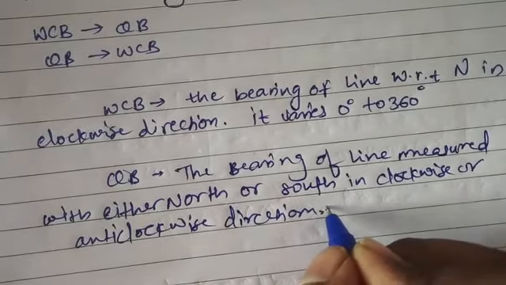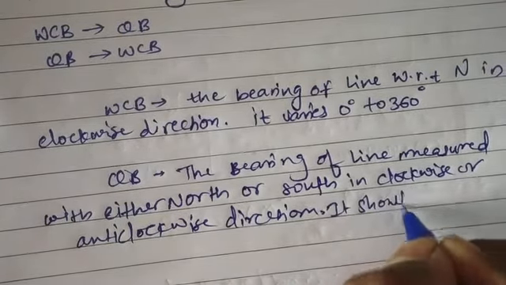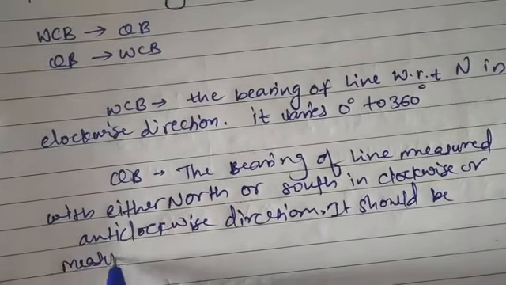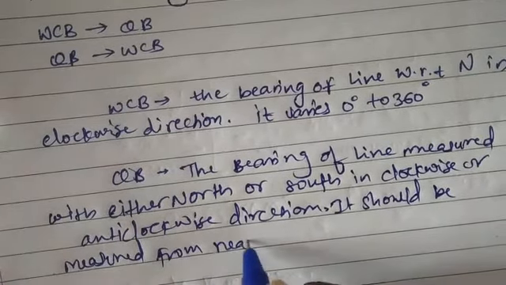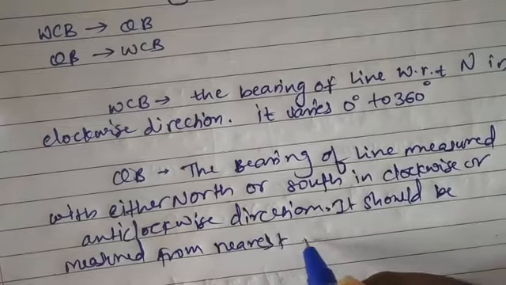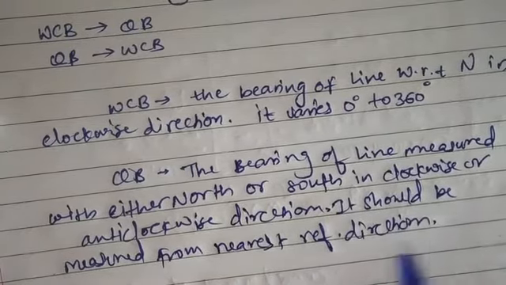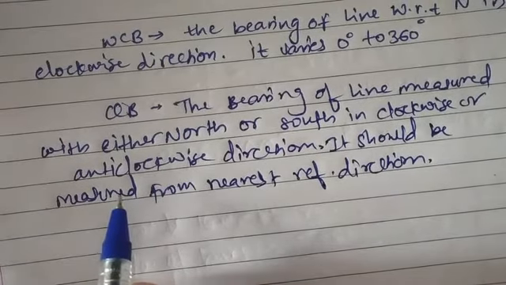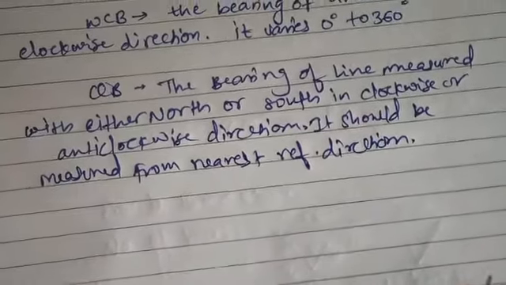The condition is that it should be measured from the nearest reference direction, that is north or south. If north is nearer, then we'll measure the bearing with north, and if south is nearer, then we'll measure the bearing with south. So this is the definition of quadrantal bearing.